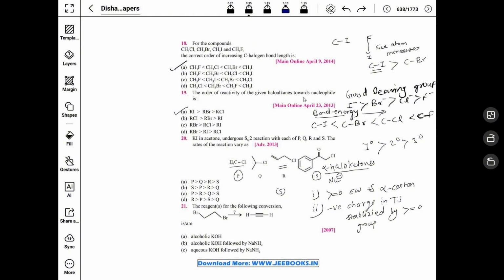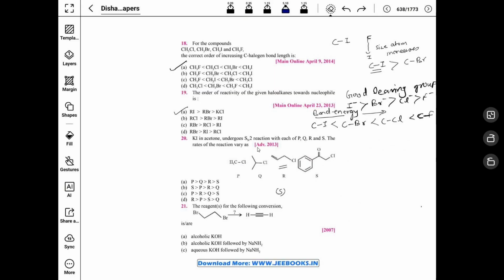Okay, now moving to question number 20. This question is very important. It is asking: potassium iodide in acetone undergoes SN2 reaction with each of these molecules P, Q, R, and S. The rate of the reactions varies as?